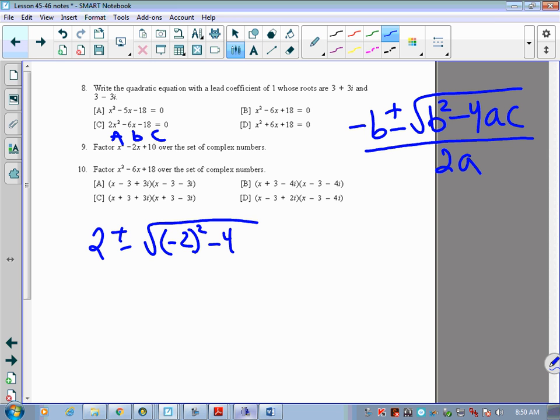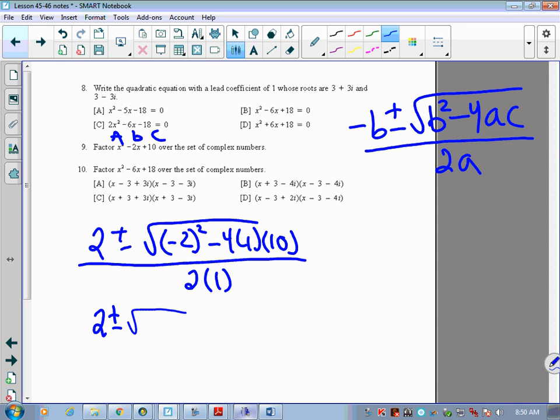Okay, minus 4 times 1 times 10 all over 2 times 1. Okay, so I've got 2 plus or minus the square root of 4 minus 40, right? Which is negative 36, over 2.